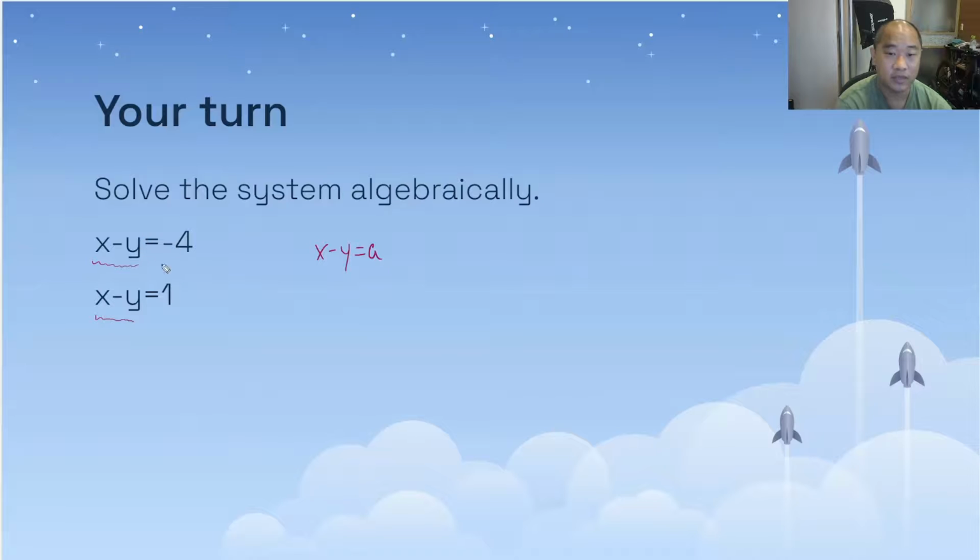And if we do that, instead of x minus y, we're going to say a equals negative 4. And here, we're going to have a equals 1. And a cannot be both negative 4 and 1 at the same time. So this is no solutions. Otherwise, you can solve this algebraically and you'll get the same thing.